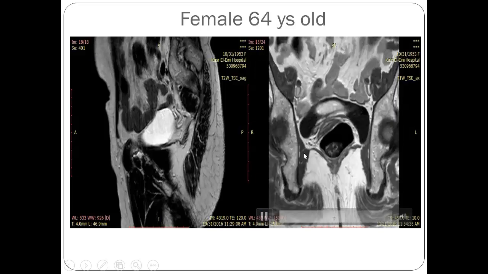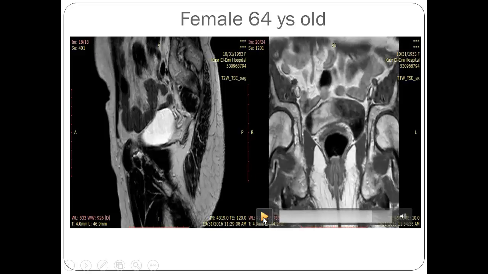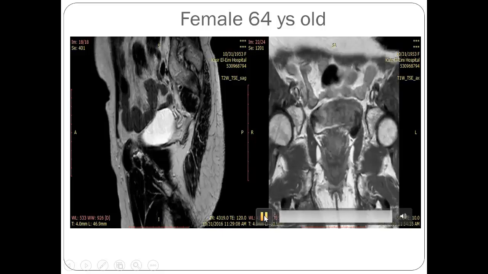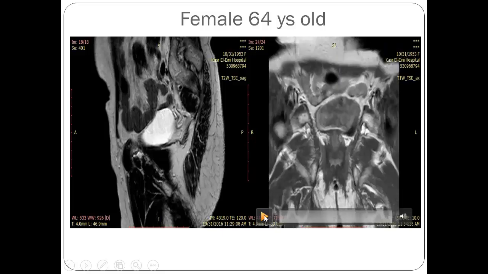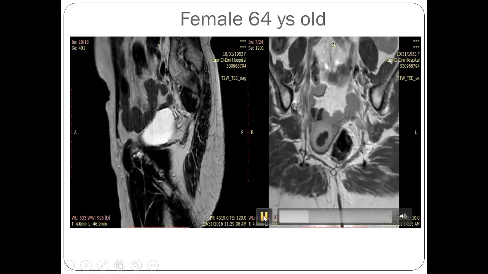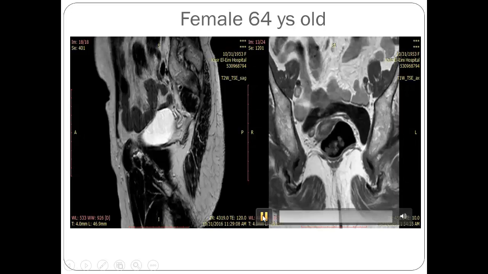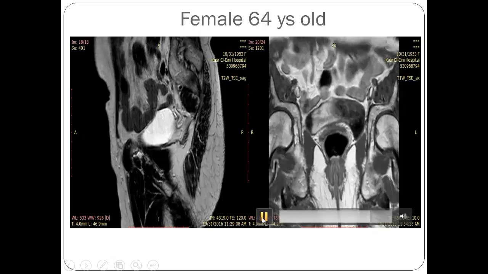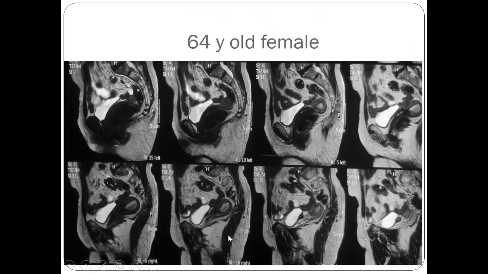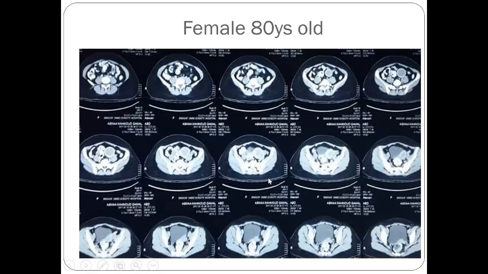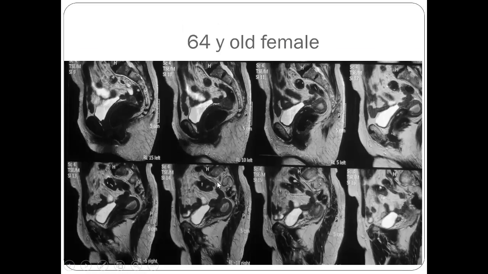And this mass on post-contrast does not take enhancement. This lesion here, and there is a rim of endometrium surrounding it, and it proved to be endometrial polyp.